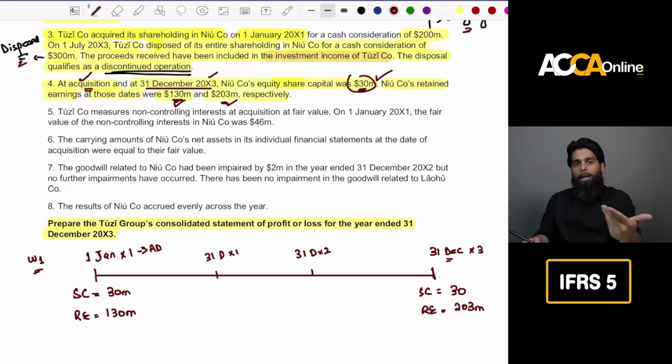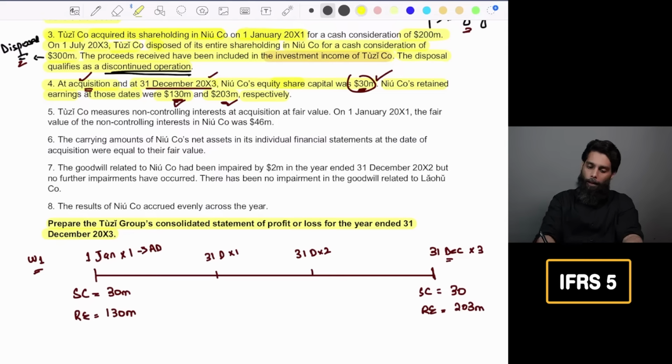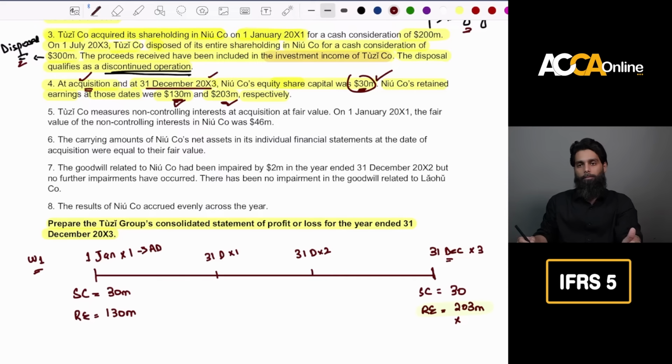Now, I would like to make a point in front of you. If you really understand, this 203 million of retained earnings is of no use for me. Why?